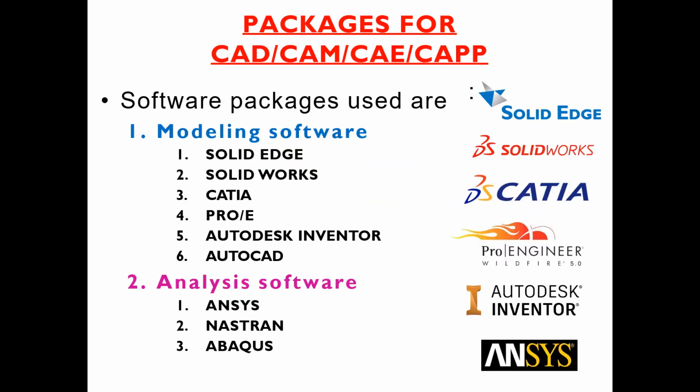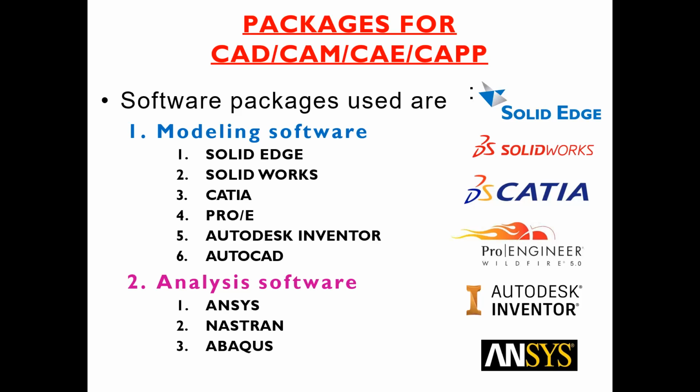So first of all, let us look into the modeling software. There are mainly two different types of software packages used. One is for modeling and the other is for analysis. Modeling means we are creating a 2D or three-dimensional geometry or model of the object in that software.